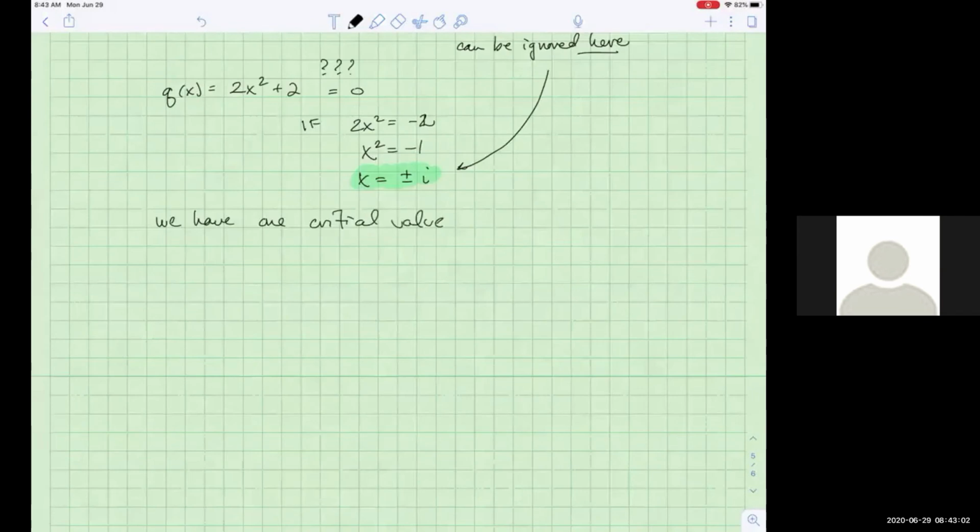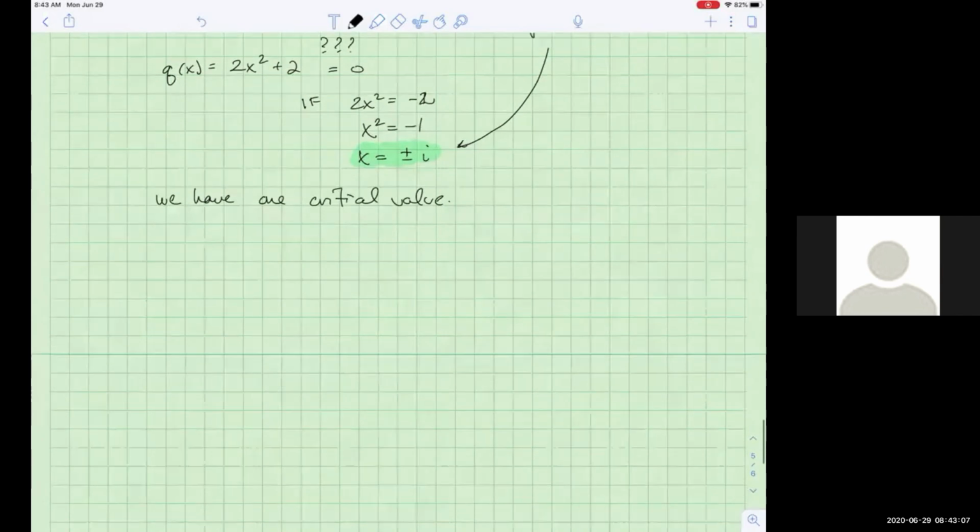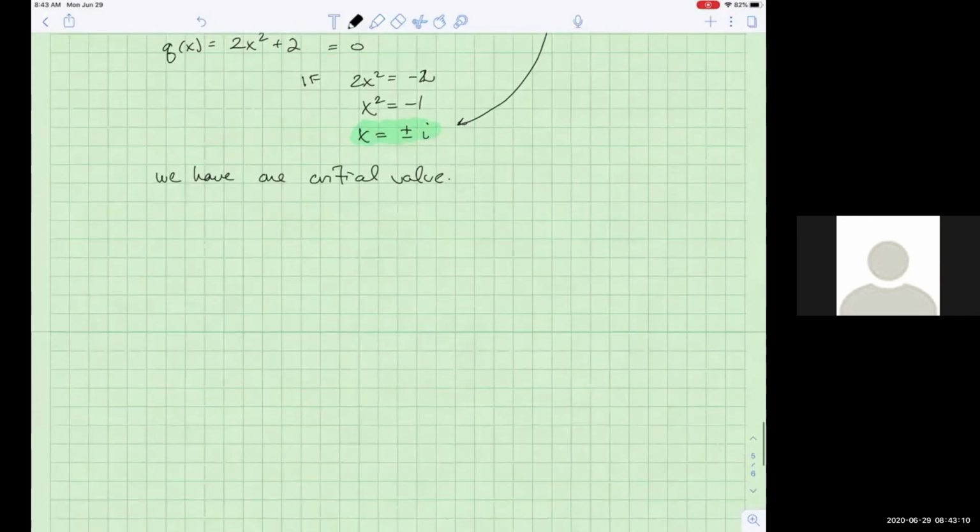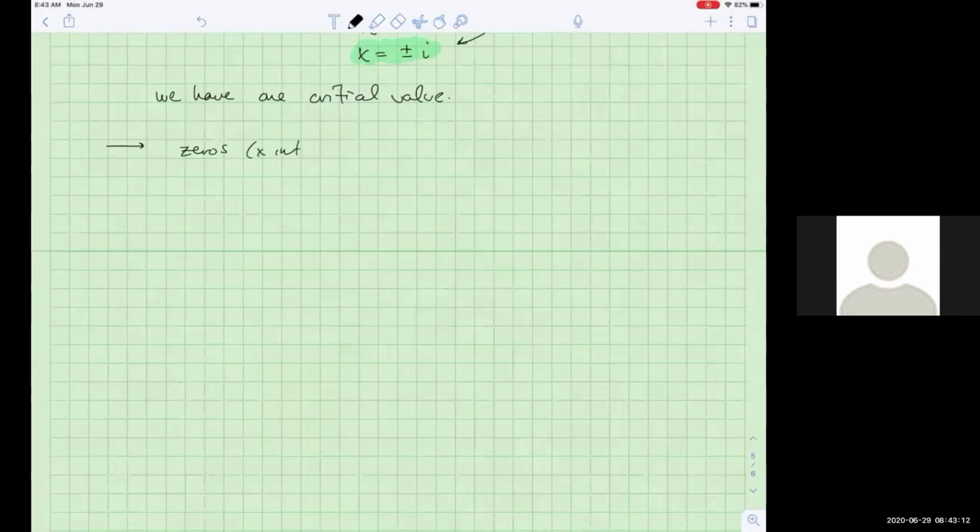So let's talk about what that means. Well, what do the critical values help us find? They help us find zeros, x-intercepts. And in this case, f of 0 actually equals 0. So 0, 0 is an x-intercept. It helps us find vertical asymptotes. But q of x is never equal to 0.